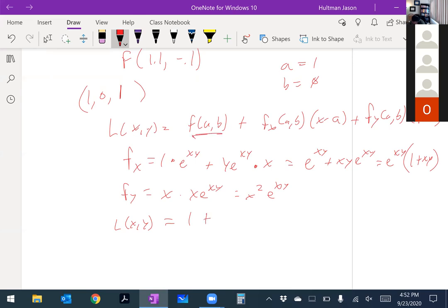Plus, let's plug in and evaluate these guys at 1 and 0. So f sub x at 1, 0, times x minus 1, plus f sub y evaluated at 1, 0, times y minus 0.